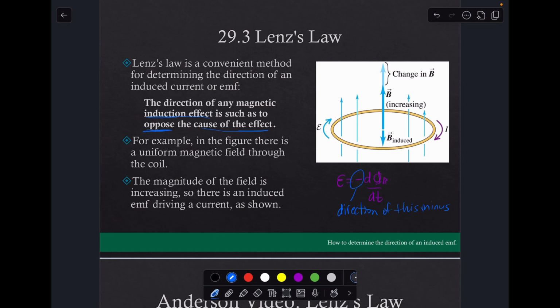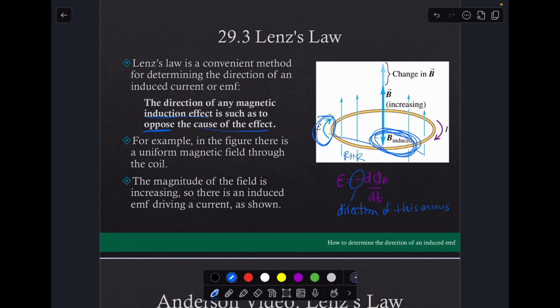And so, the induced EMF, how is it there? It's created by an induced magnetic field. And so that induced magnetic field that's attached to the EMF, these belong together. These are related to each other through the right-hand rule. So if you know this, you can figure out this. If you know this, you can figure out this. They are attached together.